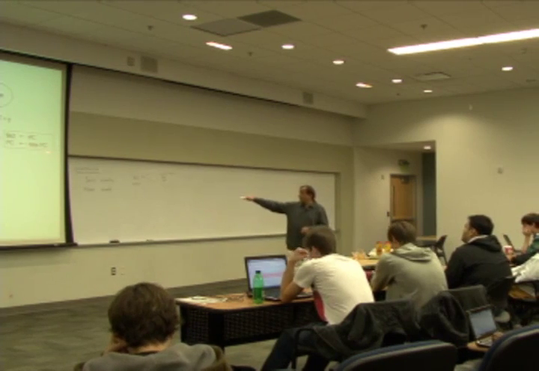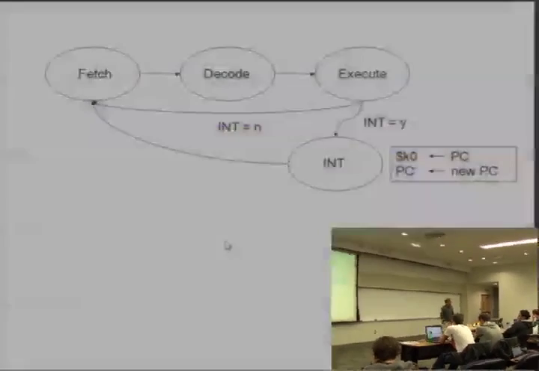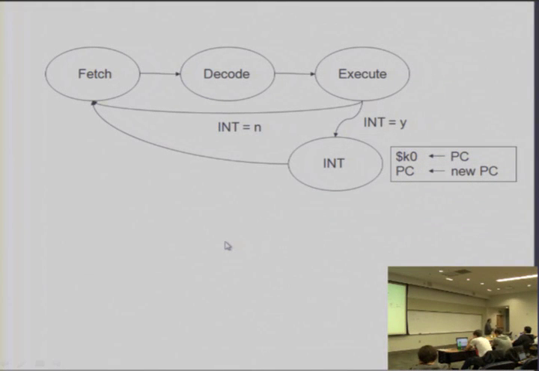The hardware can get that, put it into the PC, and then go back to the fetch. So essentially what we've done is we've stashed away the return point, and we've also computed the target, and now we're ready to go off to the handler. Okay, Matt?